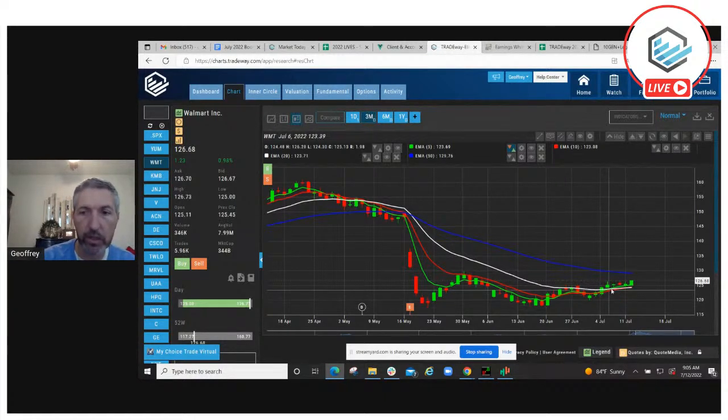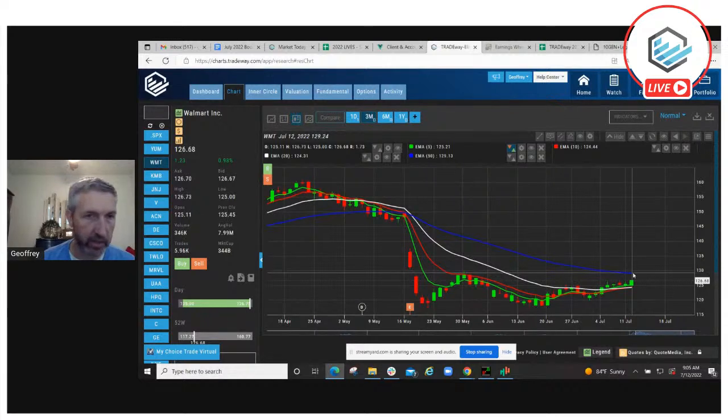Walmart is a strong looking pattern up above the EMAs with the potential to make it up here to the 50-day, which would be about 129. So at this point is when we would have to make that next decision. So now, assuming that I've been through all of our 4 basic courses here, step 1, 2, 3, and 4, I could buy the stock.